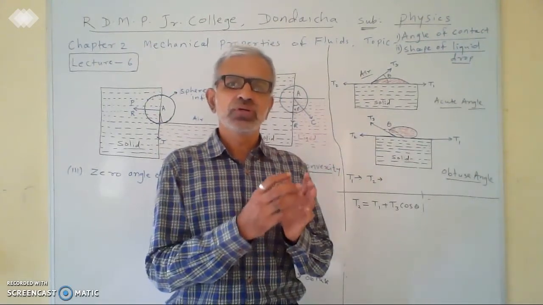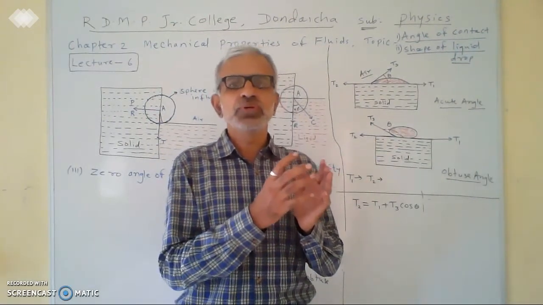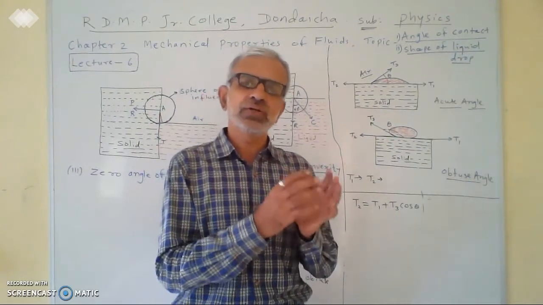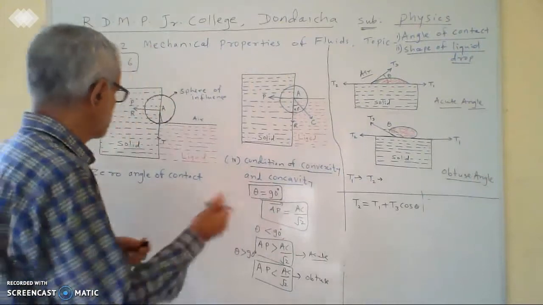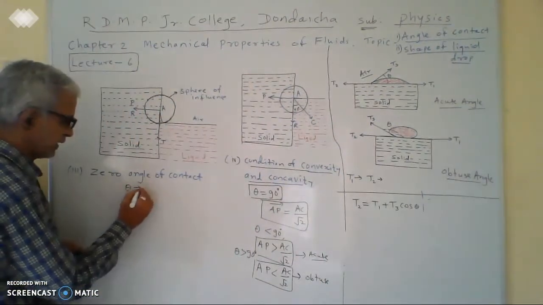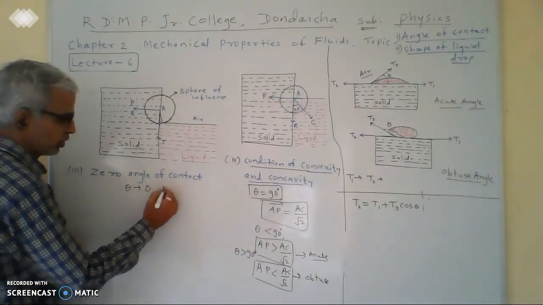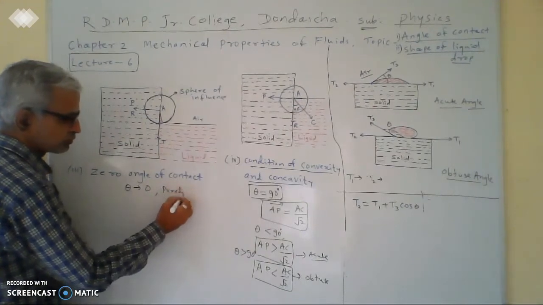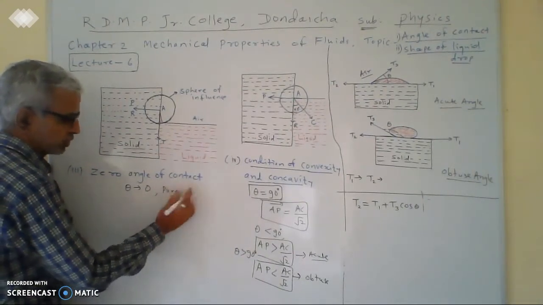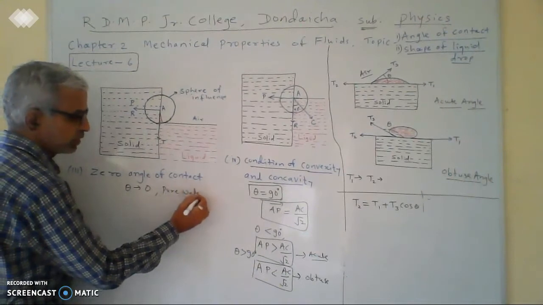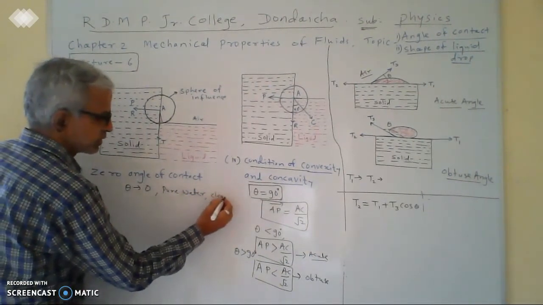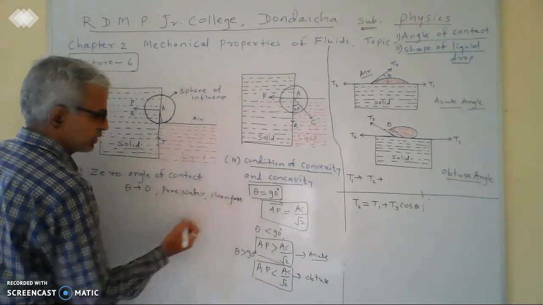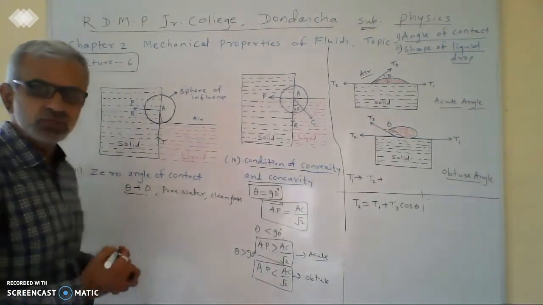If you take the highly pure water in a clean glass, the angle of contact will be nearly equal to 0, means that angle of contact tending to 0 for highly pure water. And if you take the clean glass, then angle of contact will be tending to 0, or it is nearly equal to 0.